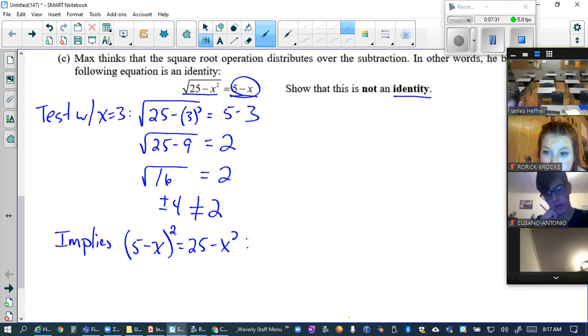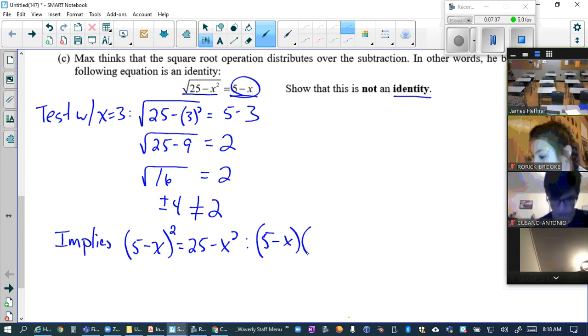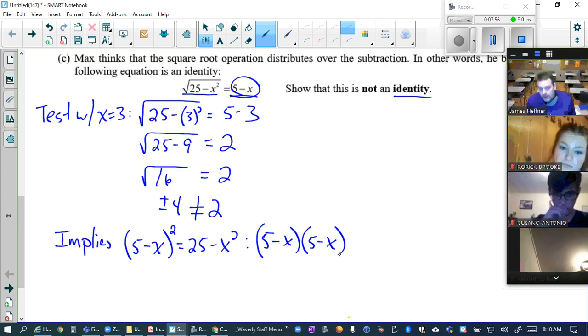So this 5 minus x quantity squared, wouldn't that be equivalent to the following? Doesn't that look like what it means when we square something, multiplied by itself? And you guys know how to do this. What do we do to evaluate this? What's it called?